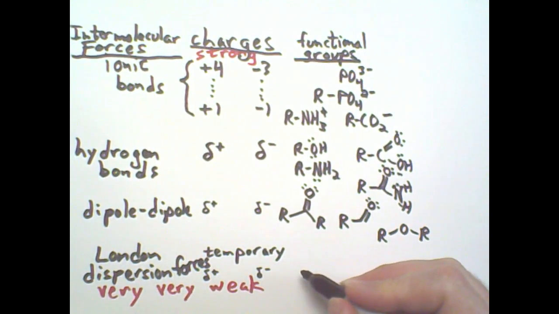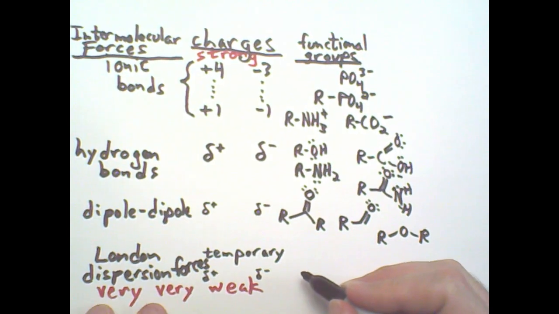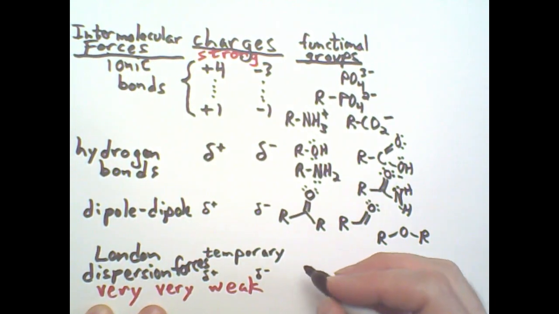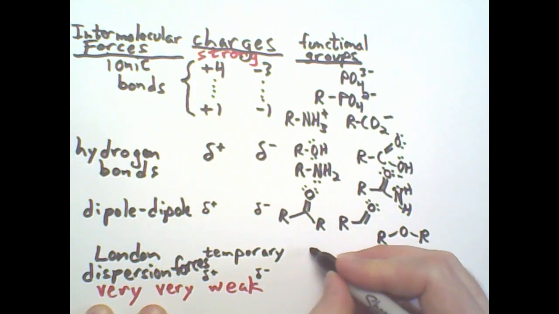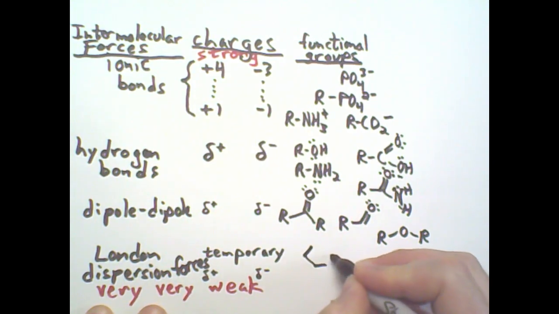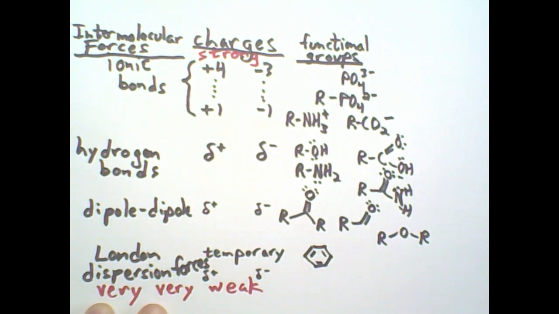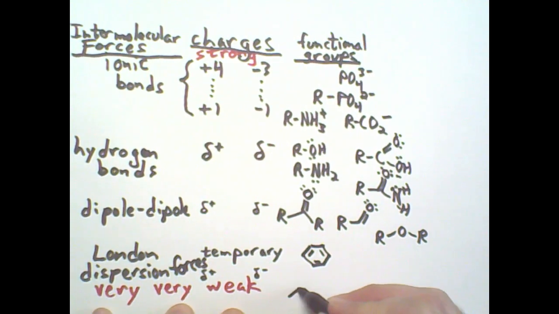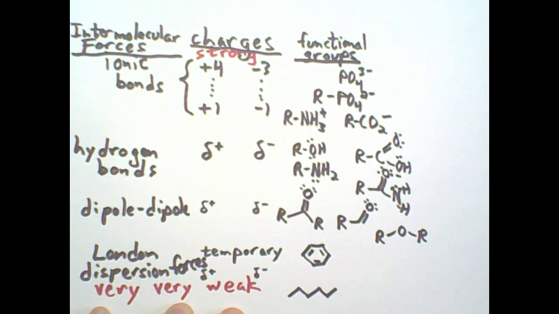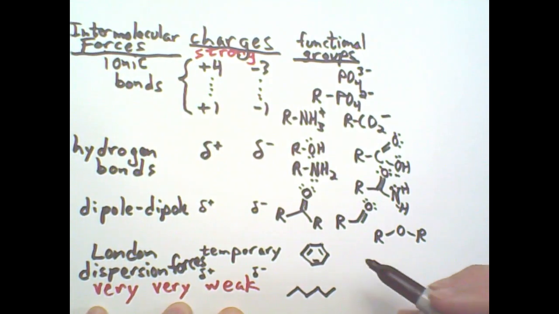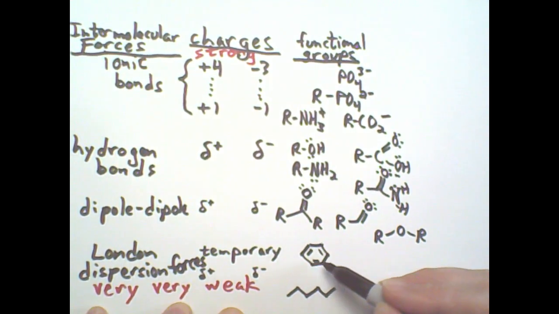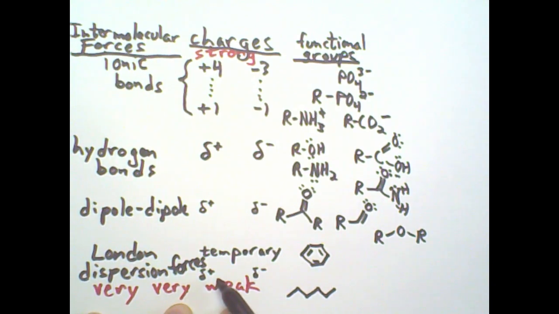Now, in organic chemistry, we're going to split these dispersion forces. I'm going to split it into 2 groups. Aromatic and aliphatic. When you've got an aromatic ring, these forces arise from electrons moving within the molecule.